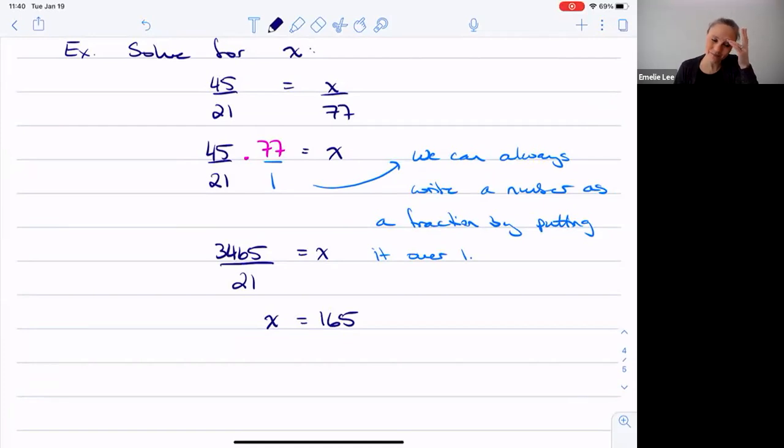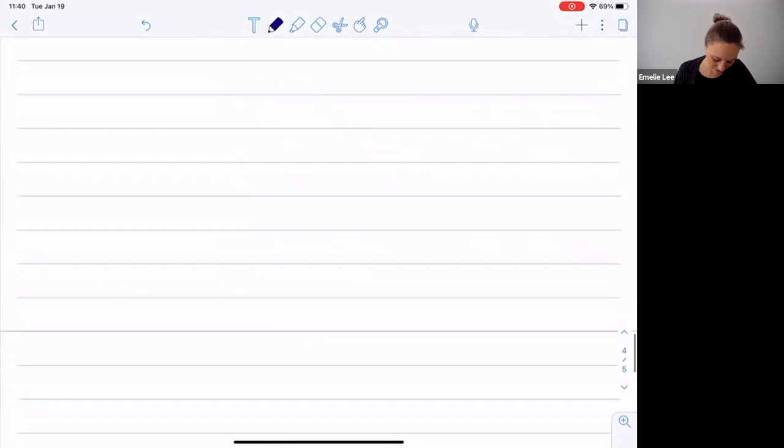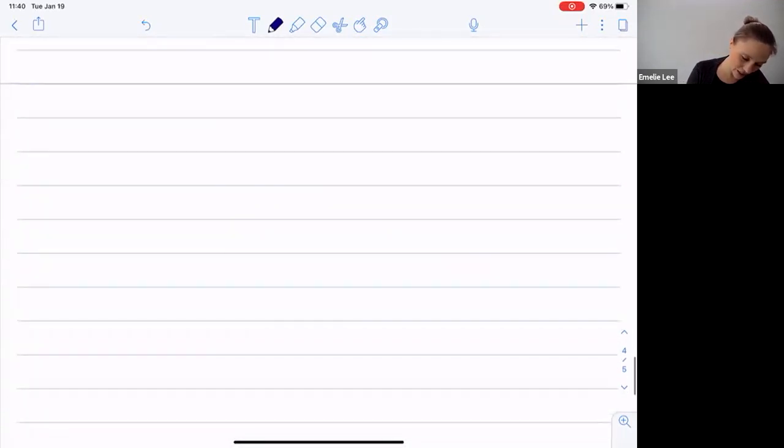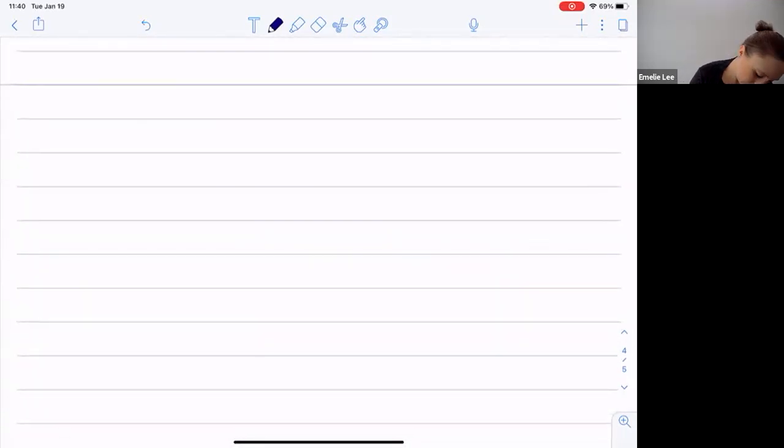All right, I'm going to start this on a fresh page here. Section 1.4 is on expanding and factoring.